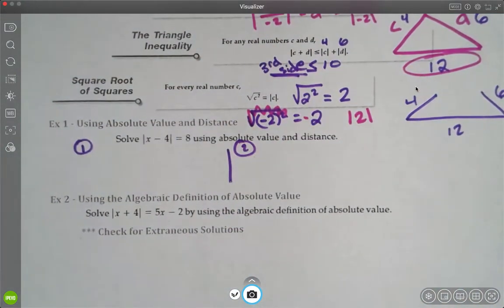Case 1, case 2. So wait, what was the answer on the last one? Exactly. There was no answer. There was no question even. She's showing us. The answer is that it's absolute value of 2. There's no question here. It's greater than or equal to.